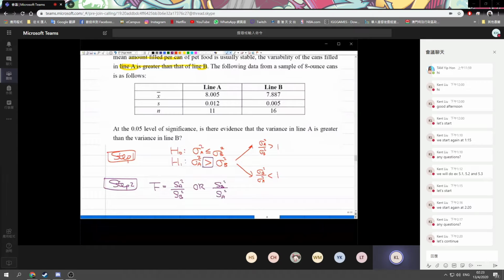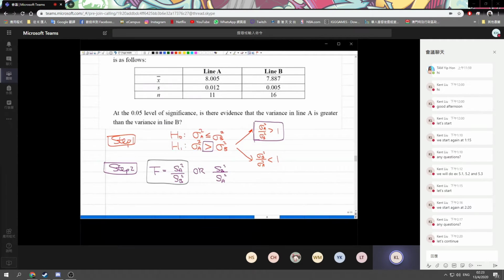But we only want our rejection region on the right side, so we have to choose this version. In other words, your test statistic is going to be this one. Please let me know if this gets you confused. This is a very important point when you do an F test about the variances.